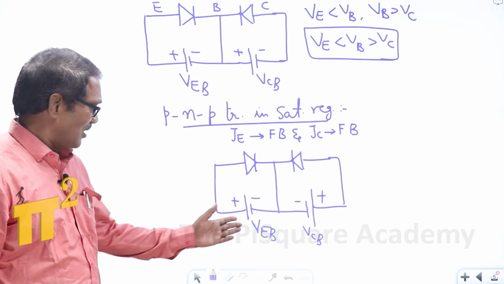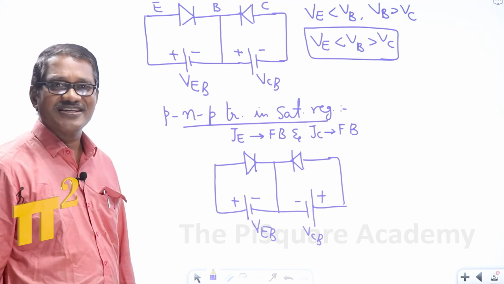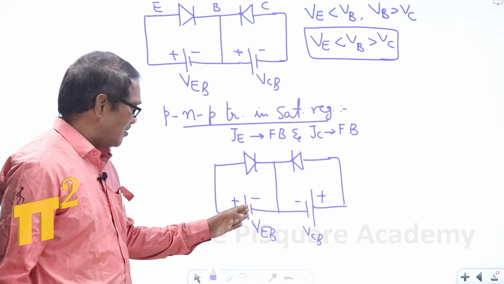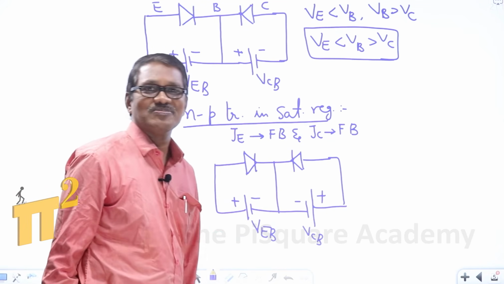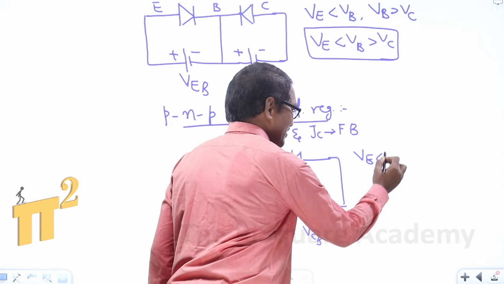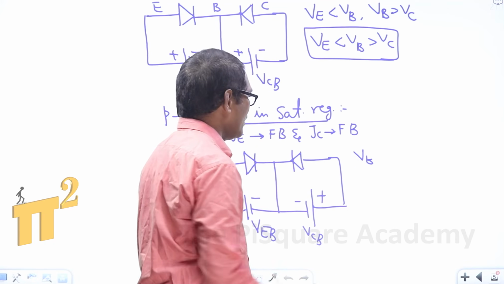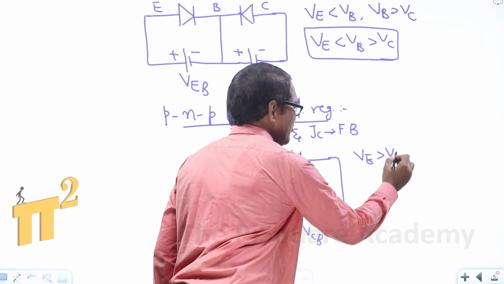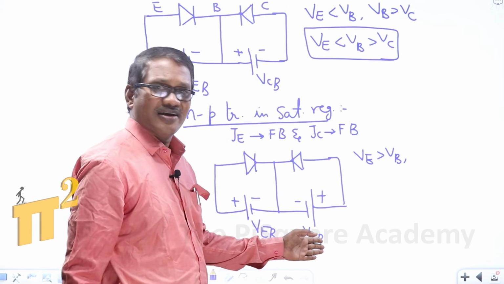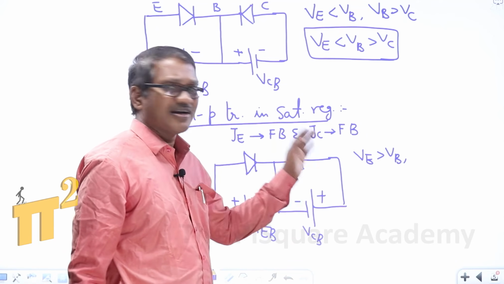Right? So now try to derive the condition for the saturation region. The emitter is at higher potential and the base is connected to the negative terminal, that means lower potential. That means VE is greater than VB. And on the output side, the base is connected to the negative terminal and the collector is connected to the positive terminal.